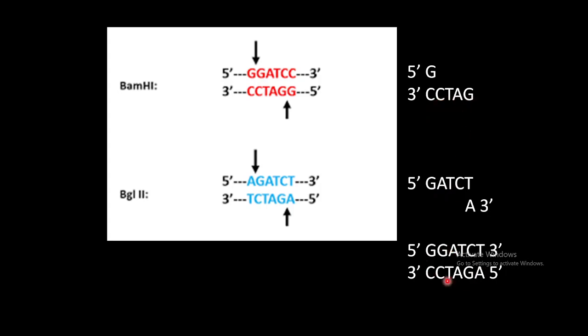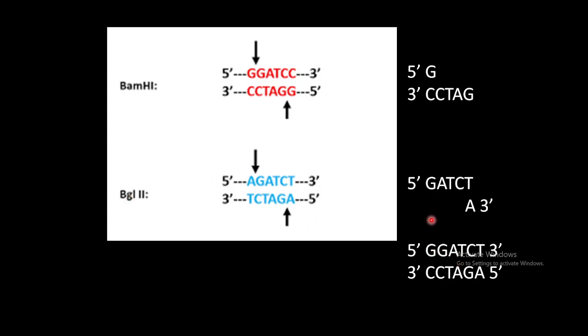So again this is going to be produced, they will combine because they have compatible ends, but this particular sequence will not be recognized by BamHI. As you can see, GGATCC is the sequence recognized by BamHI, but here you are having GGATCT, not the C, so it will not be recognized by BamHI. Similarly for BglII, it has AGATCT, so instead of A there is G, so it will not be recognized by BglII either.